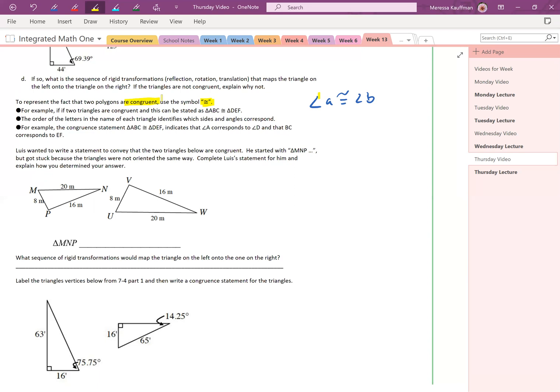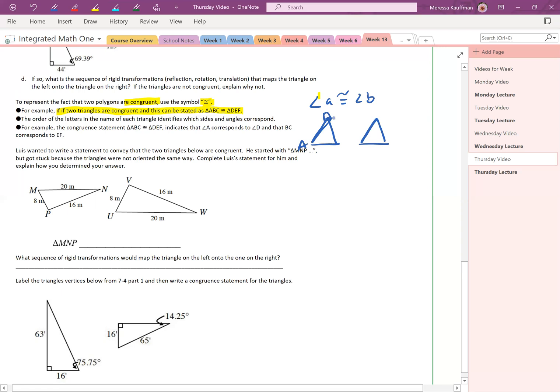So for example, if you have two triangles that are congruent, it can be stated that triangle ABC, which I will draw here, is congruent to triangle DEF.